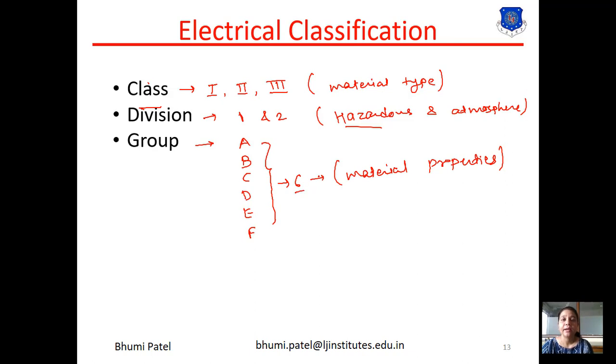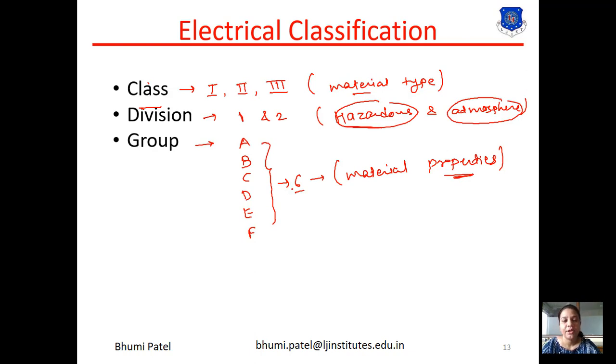Okay, so the detailed classification of the electrical system we have studied in the 5th chapter. Here in the control panel, which type of material is used, which type of atmosphere is there, whether it is a hazardous area or non-hazardous area, and which type of material property is used.